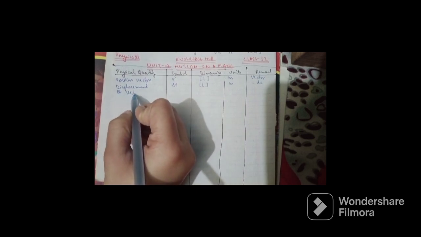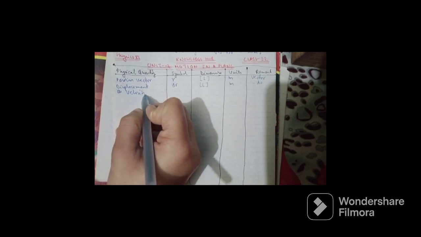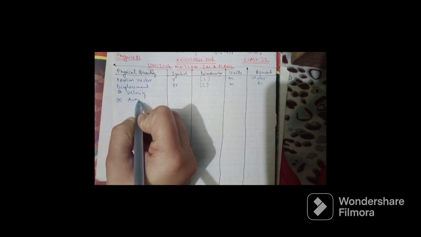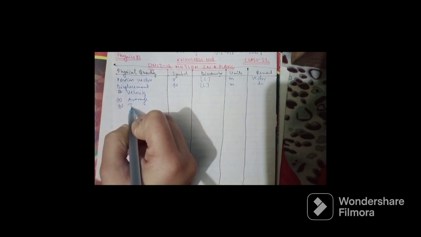Next, another one we talk about is velocity. Velocity is divided into 2, the first is average and the second is instantaneous.